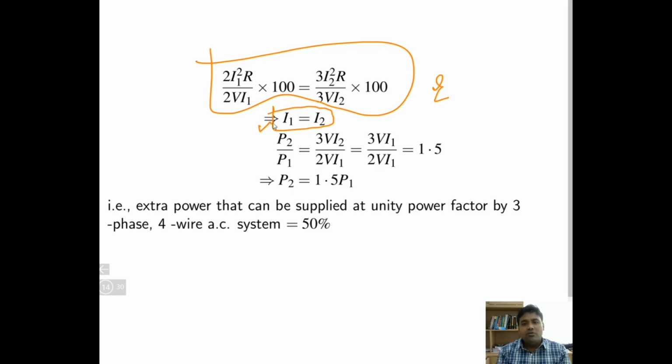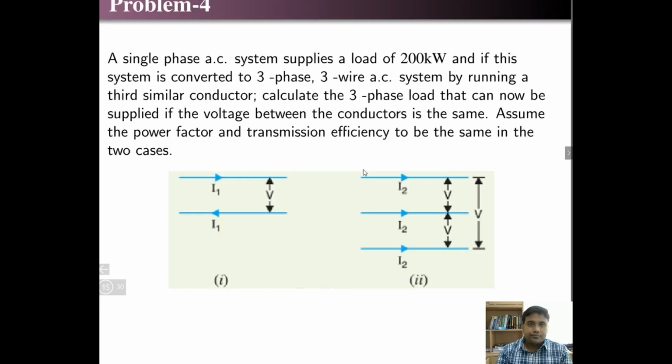If we use the power ratio P2 by P1 and substitute I1 equal to I2, we get P2 is equal to 1.5 times P1, which means there is an increase of 50%. So when we have a 3-phase 4-wire system, the extra power is a 50% increase compared to the earlier system.